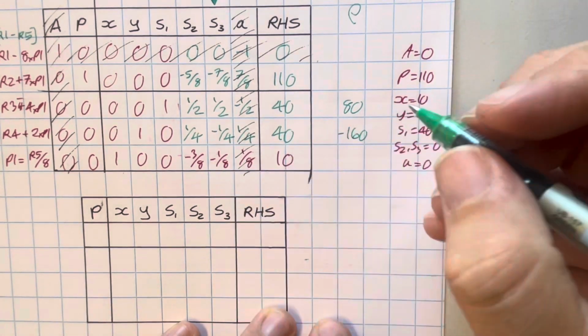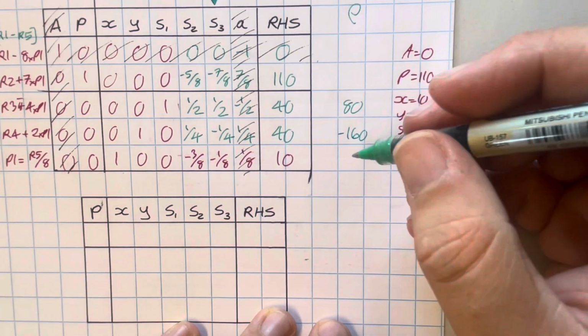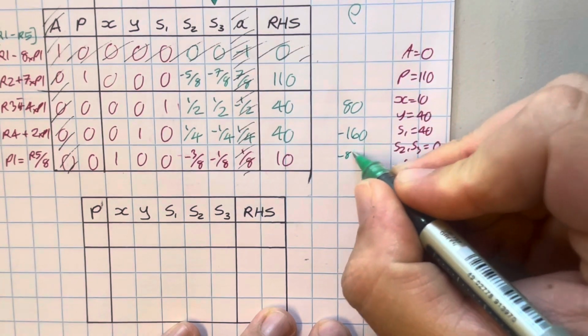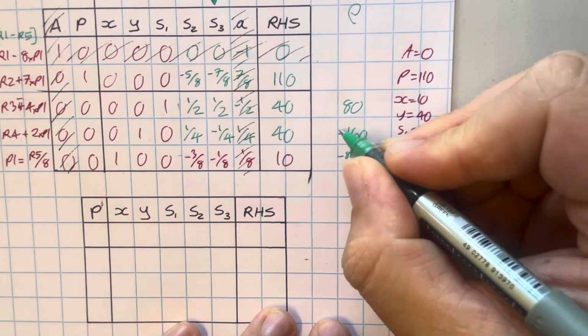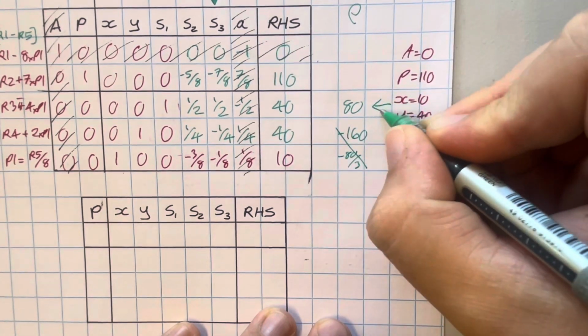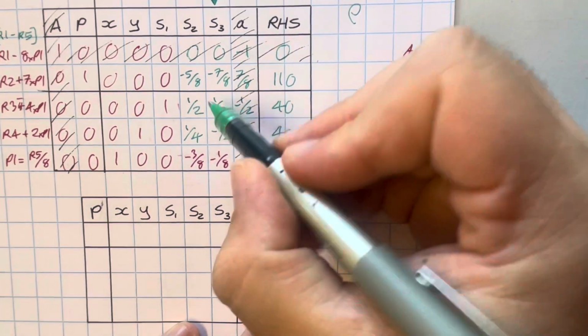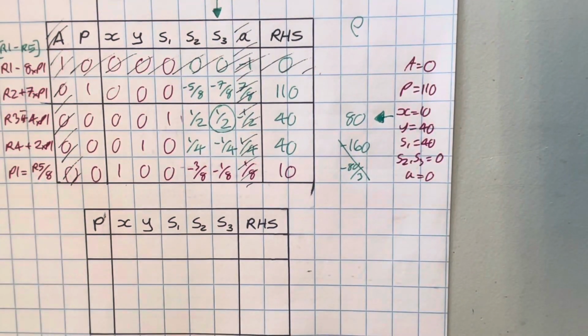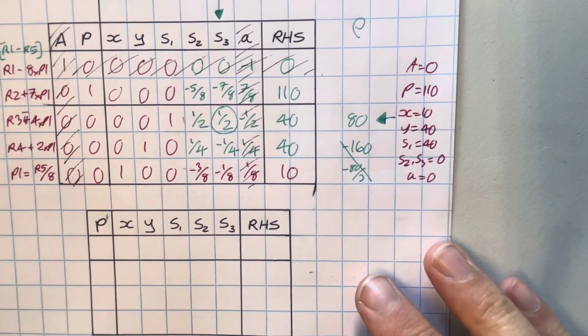And then 10 divided by negative 3/8 is negative 80/3. Either way, those two are negative, so we can ignore those. So this is the only positive number, so therefore this will be our, excuse me, our pivot.